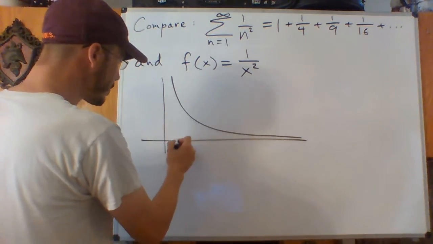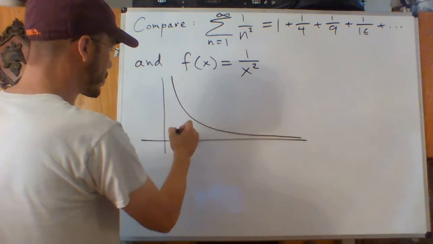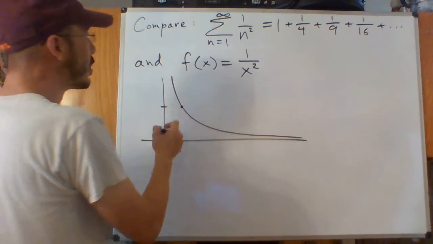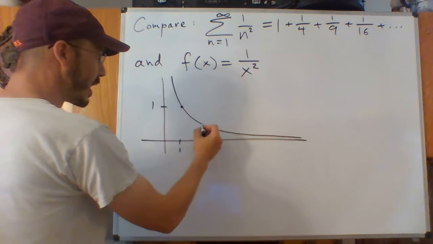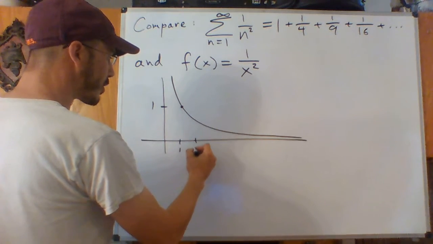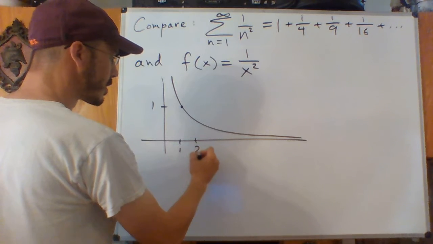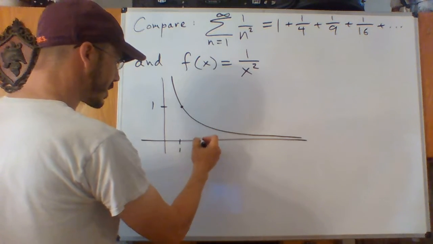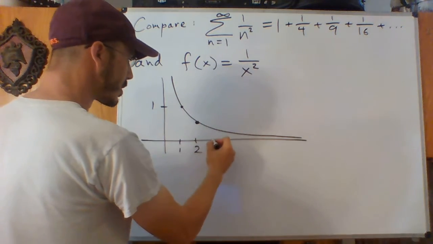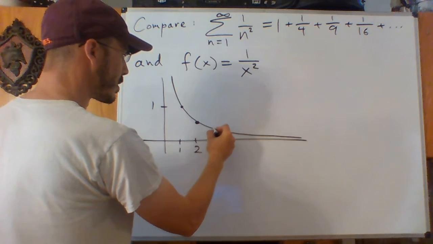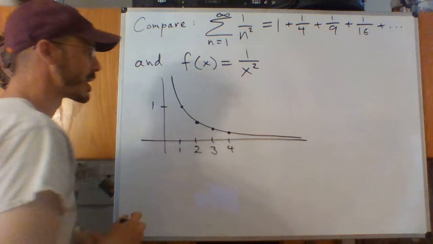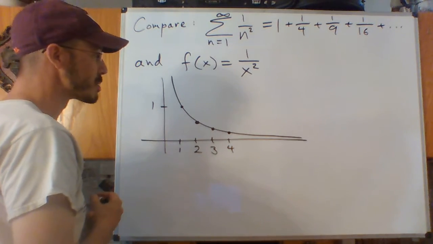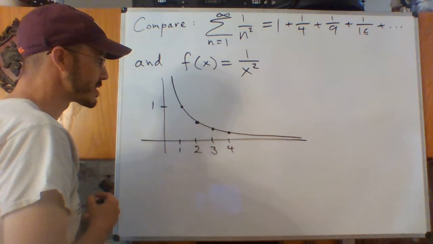1 over 1 squared is 1. So that's a point on my graph. And then 1 over 2 squared, oh, okay, the book picture is a lot better because my rectangles really aren't getting small enough fast enough.